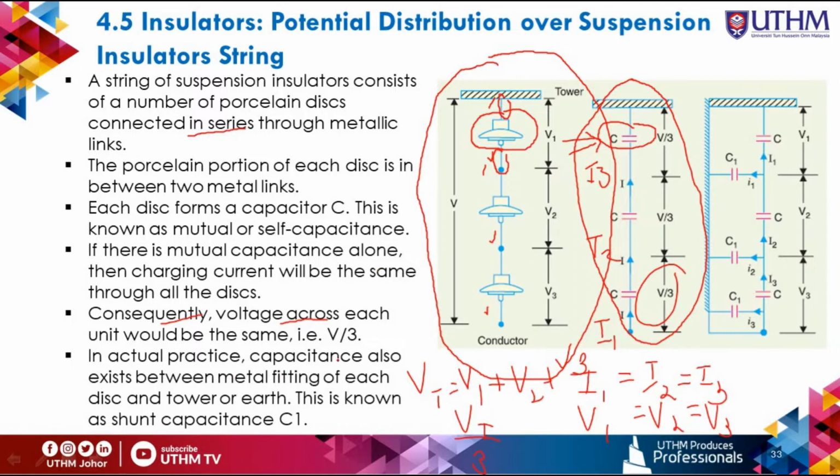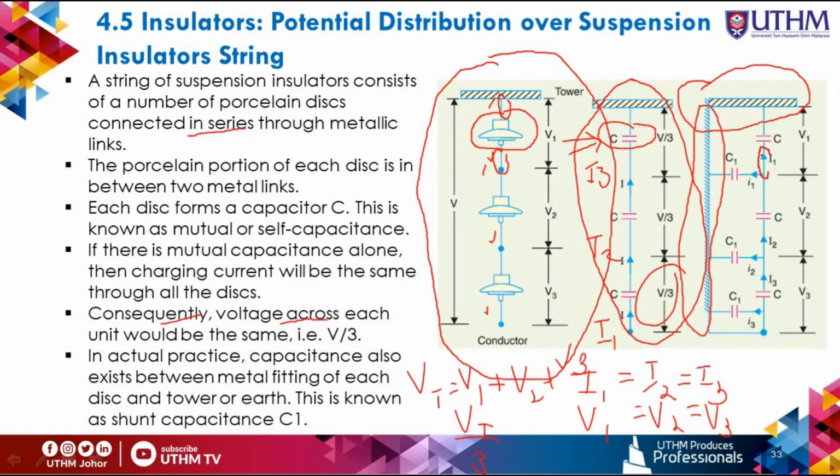In actual practice, capacitance also exists between metals. Here we have the cross arm, for example, and the tower. So in actual practice, capacitance also exists between the metal fitting of each disc and the tower, or the earth.